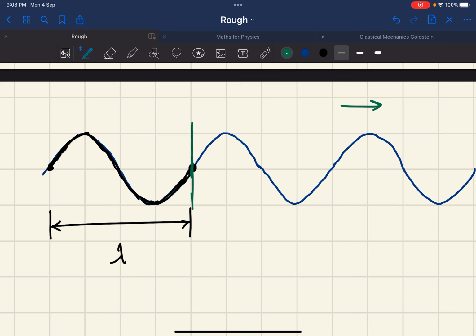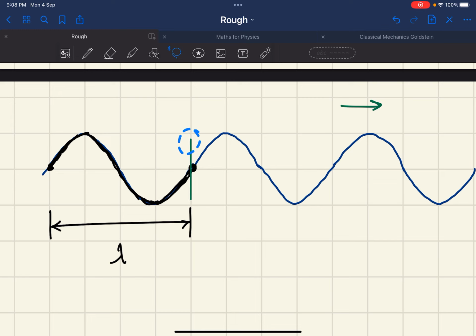And if we are standing here and this wave goes to the right, okay, so this green line represents, let's say we're standing here and observing that the wave is at the 0 position.